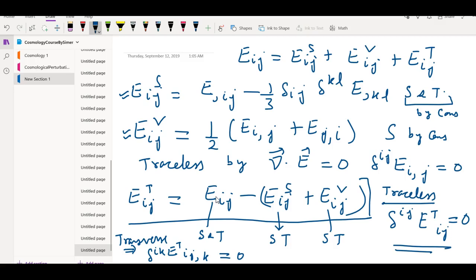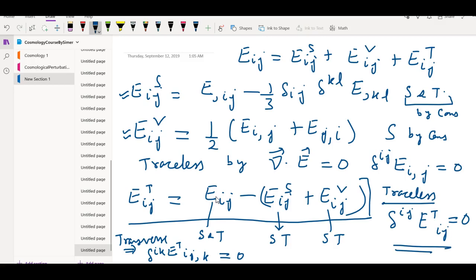Why are we going to impose this constraint? Because in general relativity perturbation, we have seen there are gravitational waves. There are components in the perturbation which lead to gravitational waves.